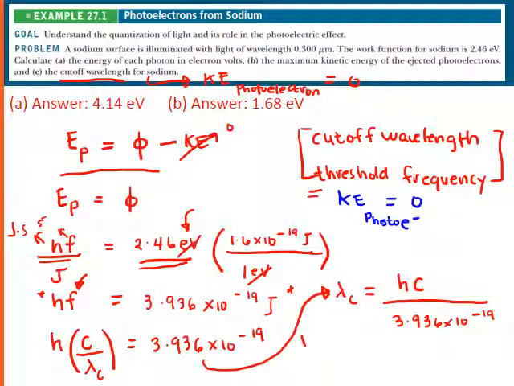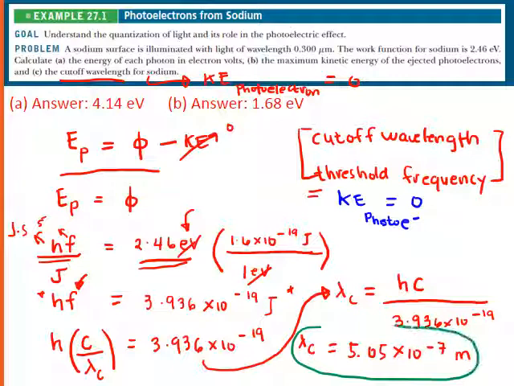As we substitute the values for Planck's constant and the speed of light, we get a cutoff wavelength equal to 5.05 times 10 to the power of negative 7 meters. And therefore, we have solved part C, which is the cutoff wavelength.